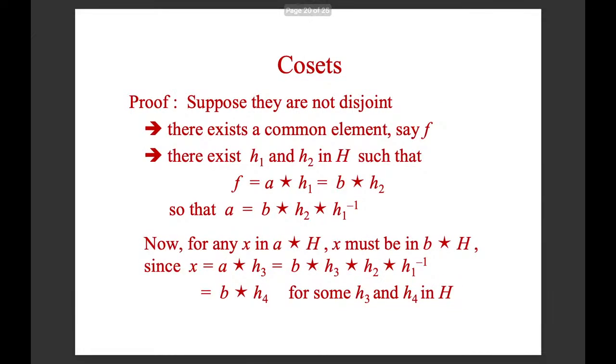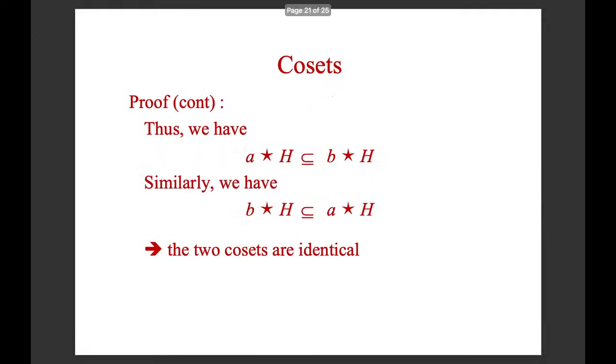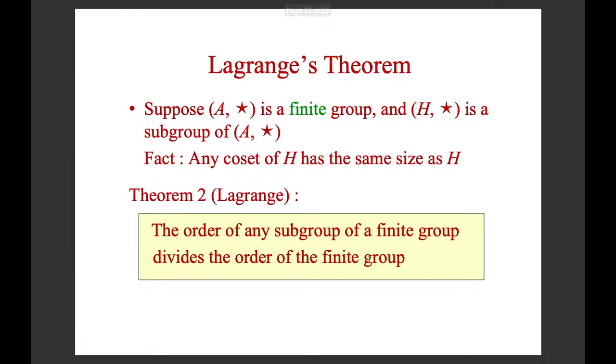Now, this is the proof. You can go through this by yourself. And then, if this is the case, we will see that the set A is partitioned into H and also different cosets of H. Why do we call it a partition?